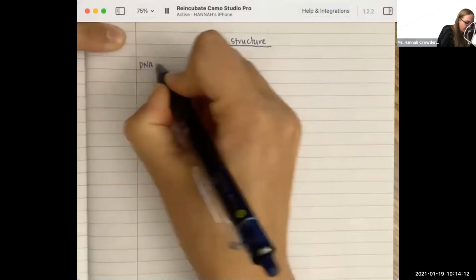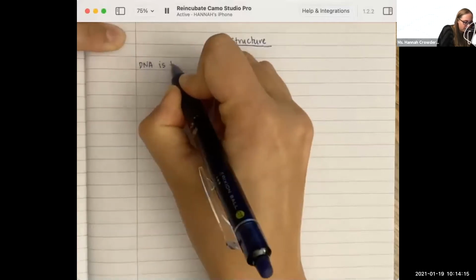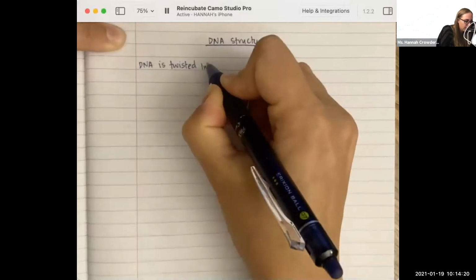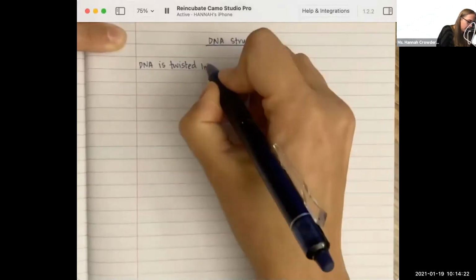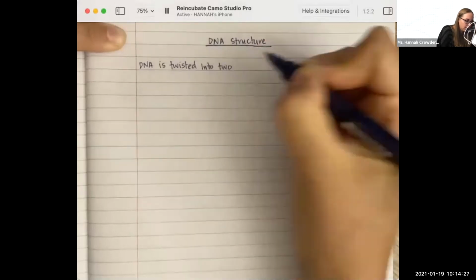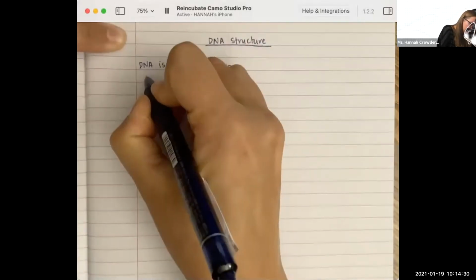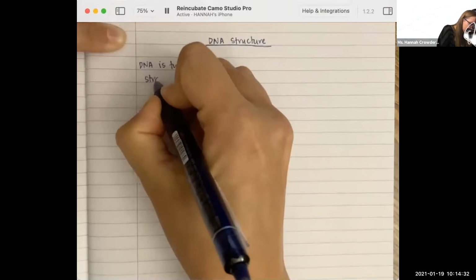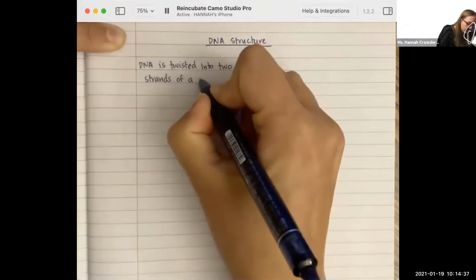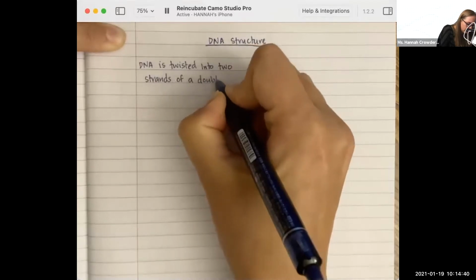DNA is twisted into two strands of a double helix.